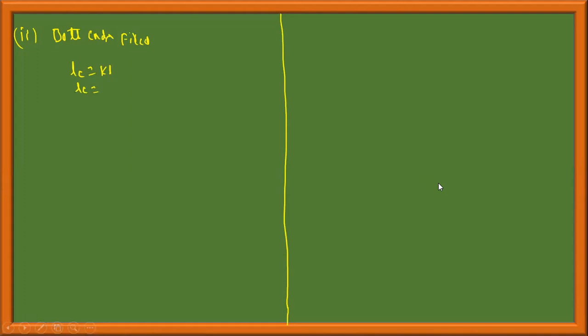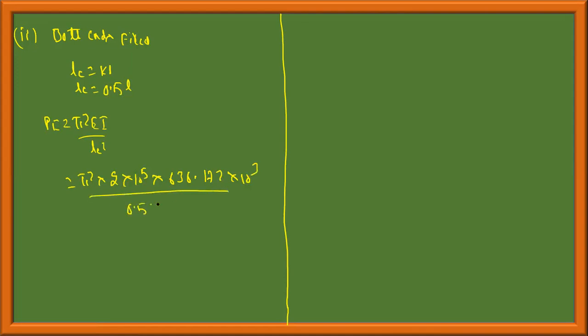For both ends fixed, LE is equal to 0.5 times L. PE is pi square EI by LE square, which is pi square into Young's modulus 2 into 10 power 5 Newton per mm square, into I, which we got as 636.172 into 10 power 3, by LE, which is 0.5 into length 2500, the whole square.